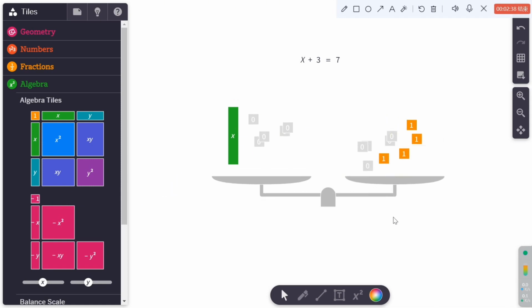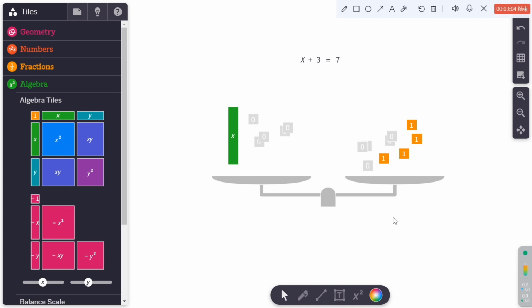Well, now you can look at this scale is balanced. And the left side of the scale only has 1x. And the right side of the scale has the number 4. That means the value of x is equal to 4.